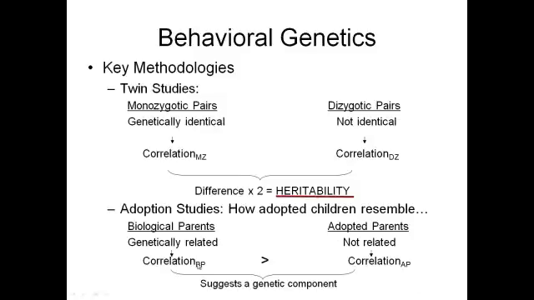And the fact that this correlation is higher suggests that there is certainly a genetic component to whatever traits you happen to be measuring. It does turn out to be true that there are many different characteristics on which children are more like their biological parents than their adopted parents, which is interesting, again, revealing that genetics does play a big role in not just our physical appearance, but in terms of our personality.